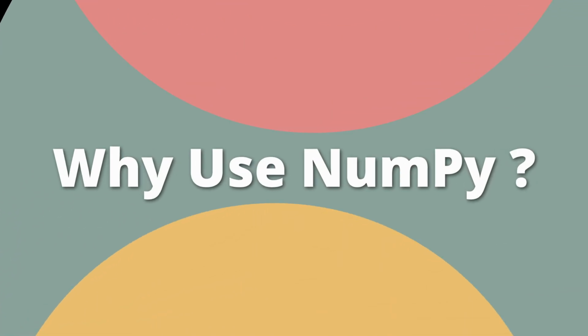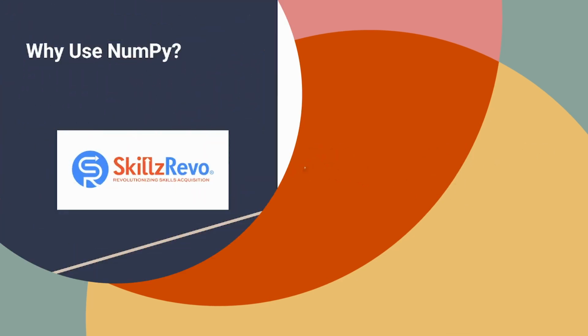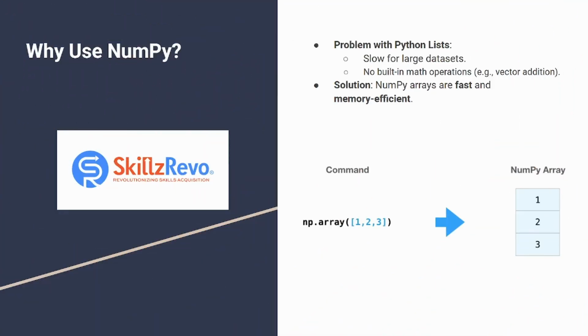So next question is, why use NumPy, or why is there a need for NumPy? The problem with lists, which we already discussed, is that they are slower with large data sets and not built for math operations. Small operations we can do, but for heavy math we have to use the NumPy library.